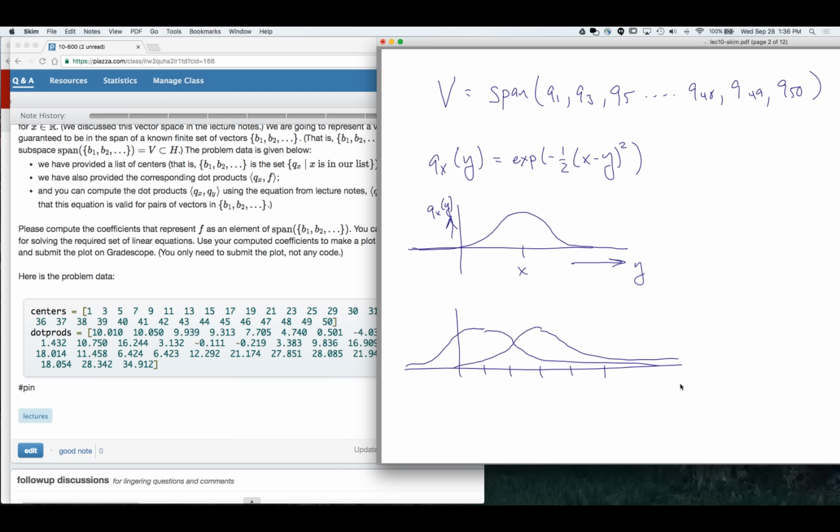And a linear combination of those two functions would look something like, let's say it has a positive coefficient on the first one and a negative coefficient on the second one, and it would look something like that. So this would be something like Q1 minus a half of Q3. So that's the vector space of functions we're working with.